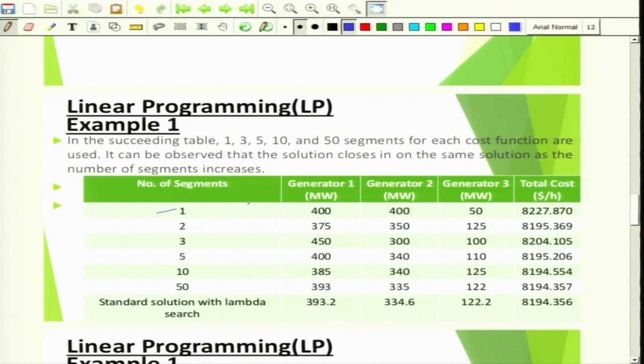For the first segment, the total cost was coming out to be 82,227.870, but if you see at the 50th segment it is coming out to be 8194.357, and this result is also compared with the lambda search method, which we are going to discuss, and that is closer to this lambda search method, right.